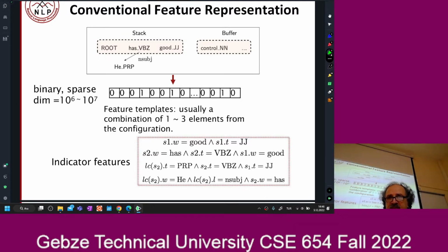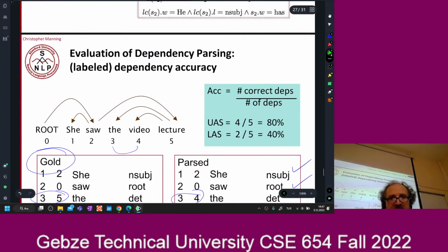For example, the one before me is an adjective, the one before me is a verb tag, and etc. Or the word is good, or the word is has, and etc. So a very large, very big binary vector, and my classifier will take this vector and it's going to give me one of these actions: shift, or right arc with the type, or left arc with the type.